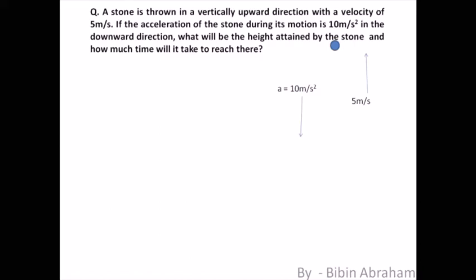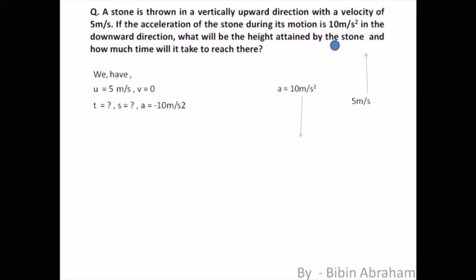So let me write all the things that are given. We have u is 5 meter per second, v is 0. Remember that v is that point where I have reached where my stone will be stopping. At that particular point my final velocity will be 0. The time I don't know. How much time will it take?